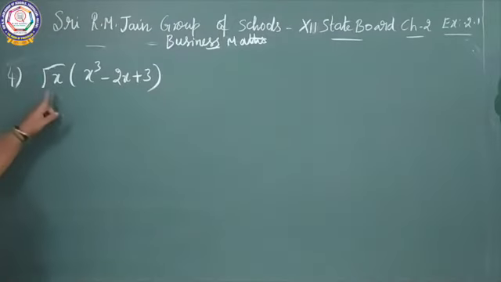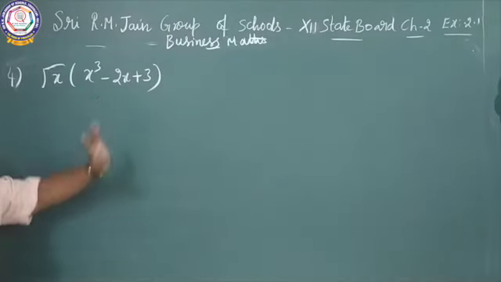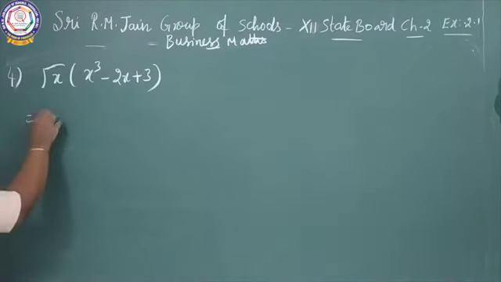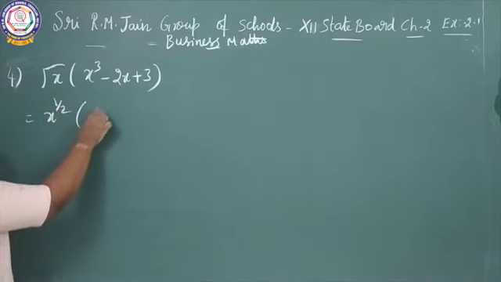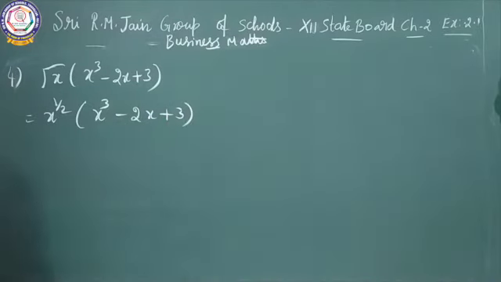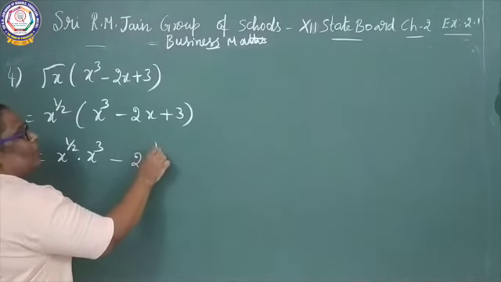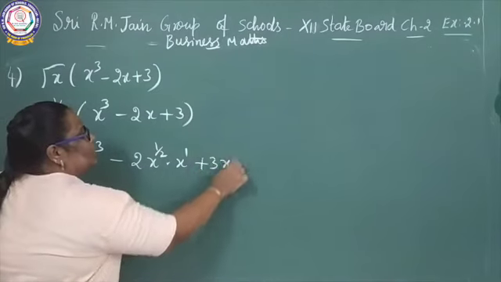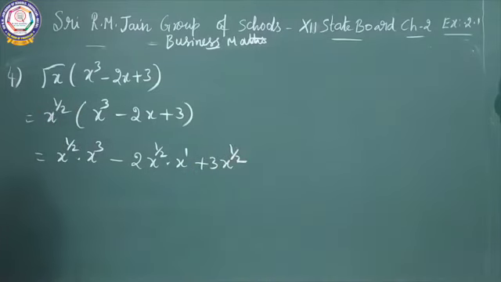See the fourth sum, root x into x cube minus 2x plus 3. I told you in the previous sum itself, root x you can change it into x to the power 1 by 2. So it gives x to the power 1 by 2 into x cube minus 2x plus 3. You bring it inside: x to the power 1 by 2 into x cube, minus 2x to the power 1 by 2 into x to the power 1, plus 3x to the power 1 by 2.